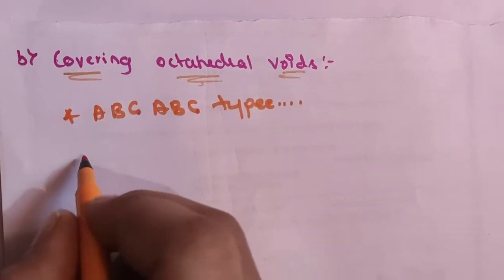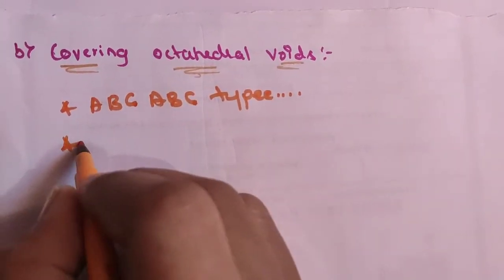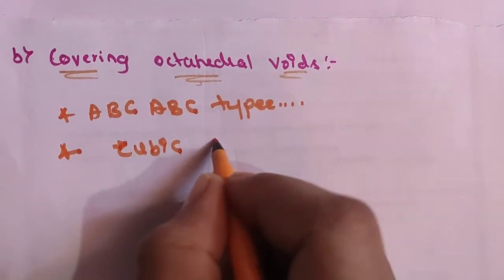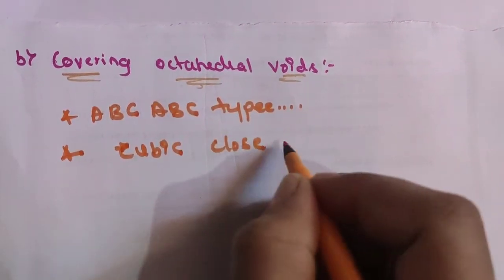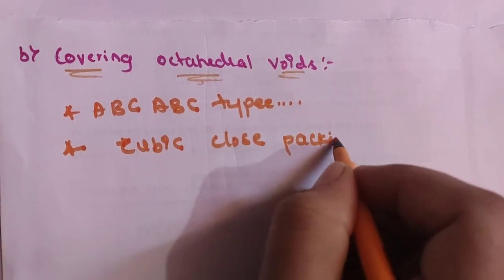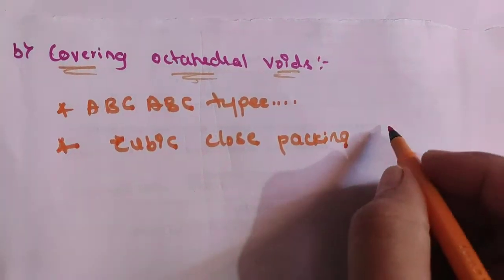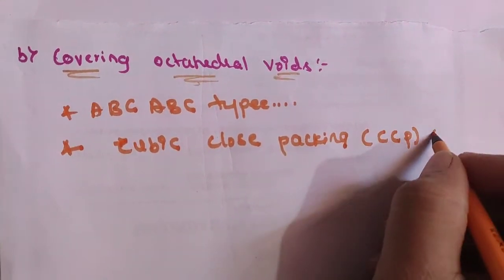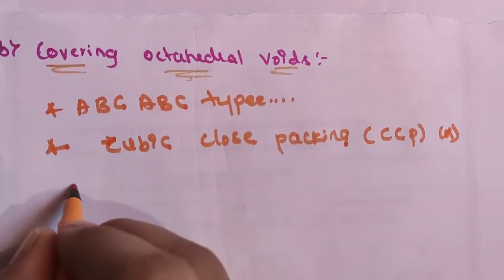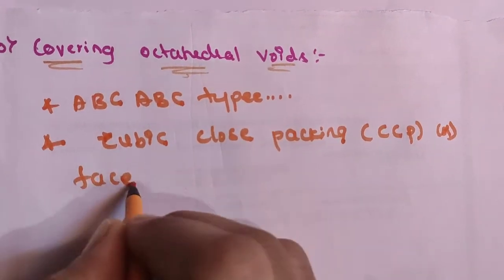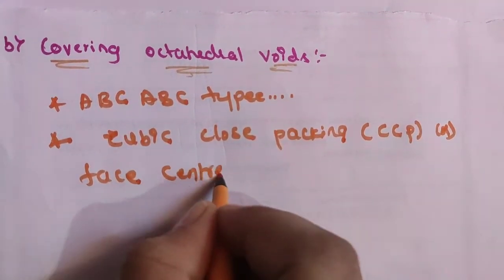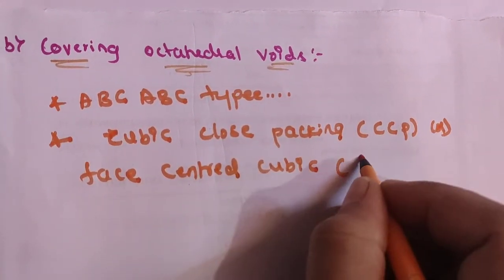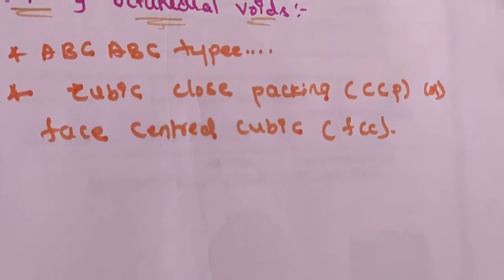ABC type. This type of close packing is represented as cubic close packing. Cubic close packing, in short you could write CCP, or face centered cubic, that is FCC.